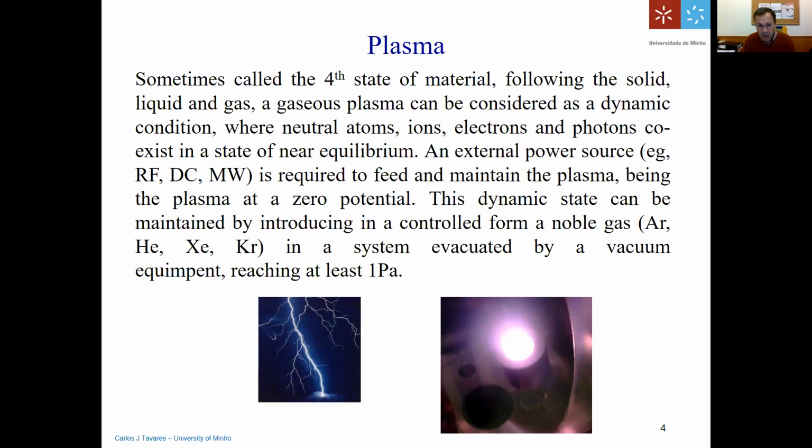This dynamic state can be maintained by introducing a controlled flow of a noble inert gas, for example, argon, helium, xenon, and krypton.